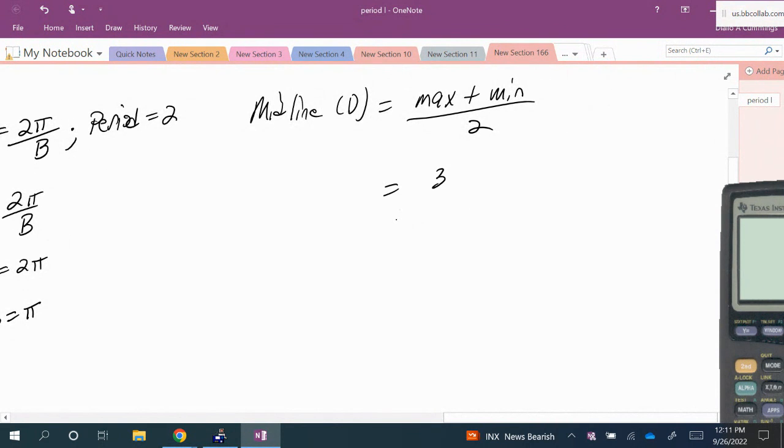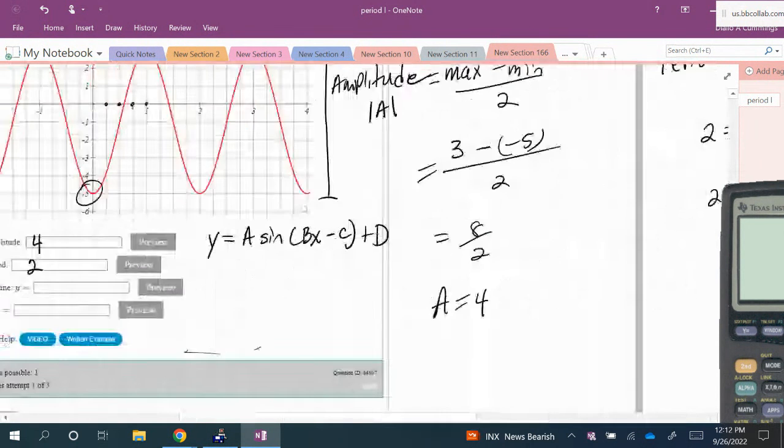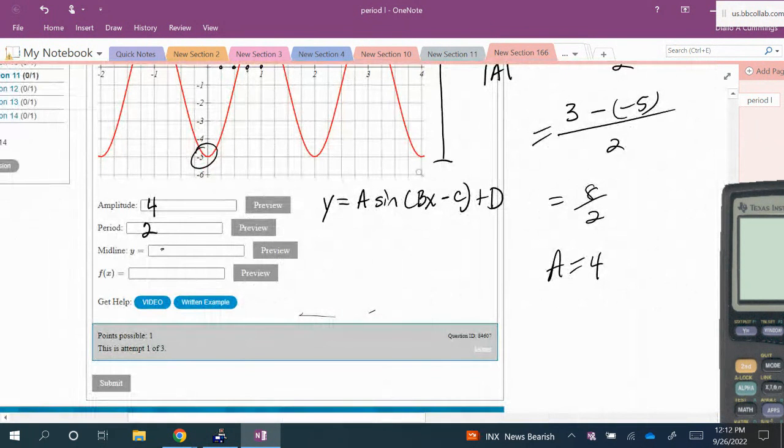So again, the max was 3. The minimum was -5, divided by 2. All right, so we have the midline, which is d, is equal to -1. Right, so our midline is -1.